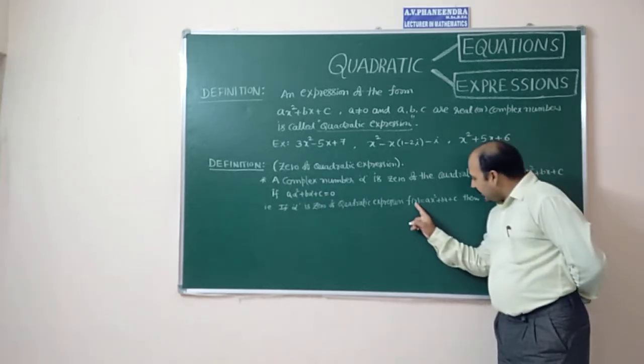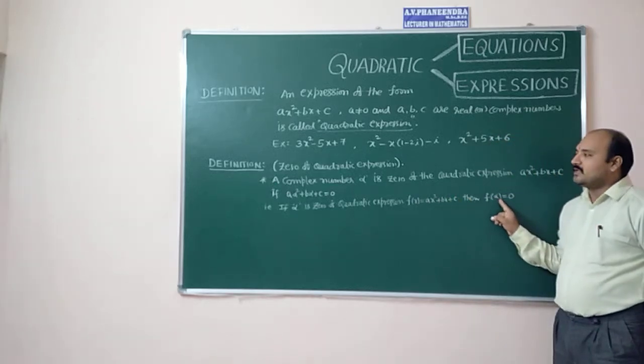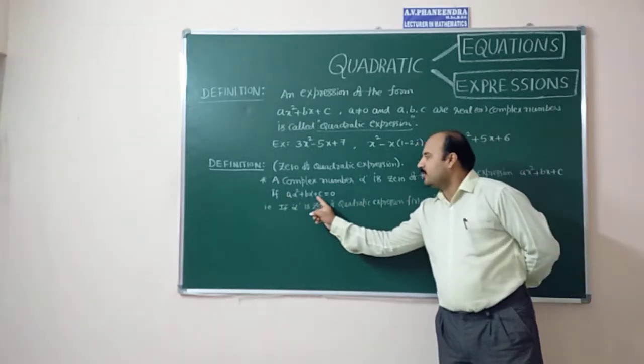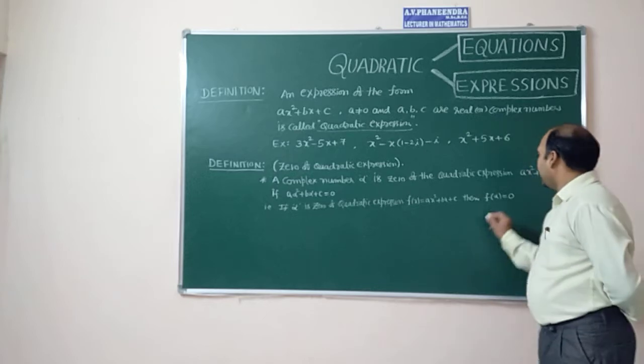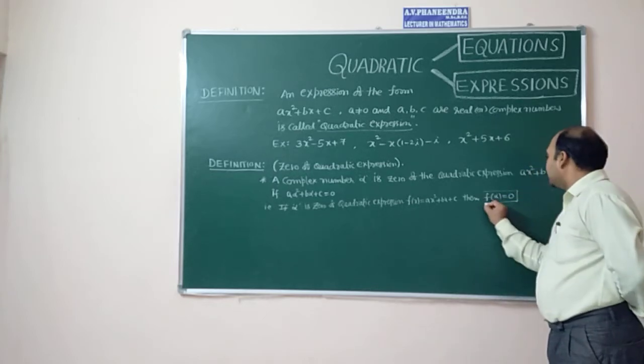That means wherever x is there, we have to replace it with alpha: a alpha square plus b alpha plus c. Then f of alpha equal to 0.